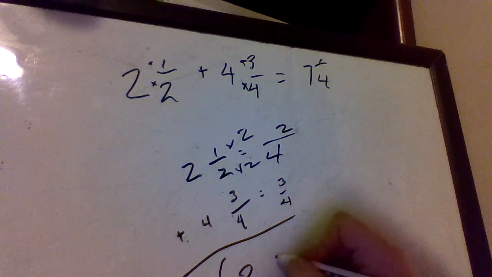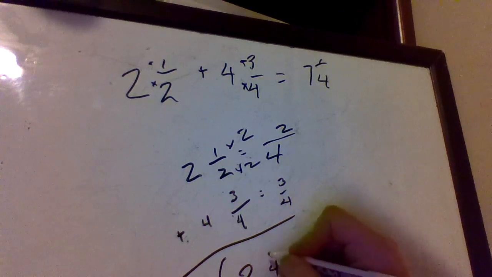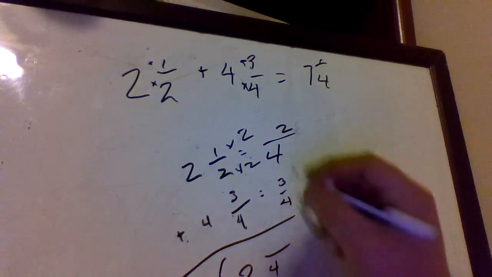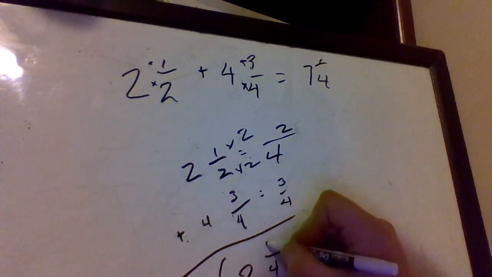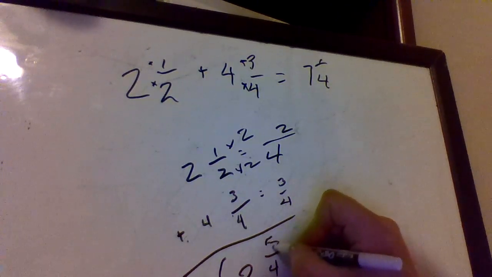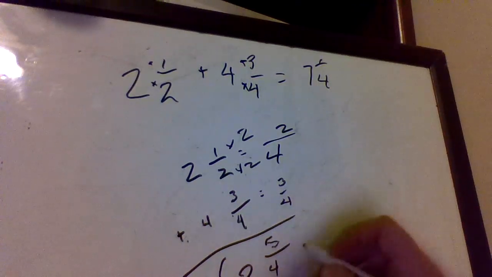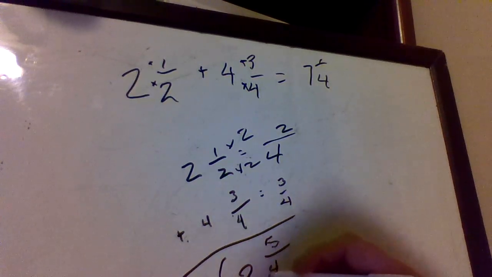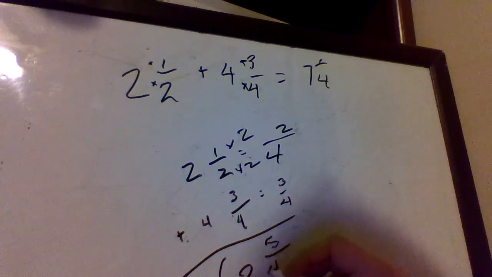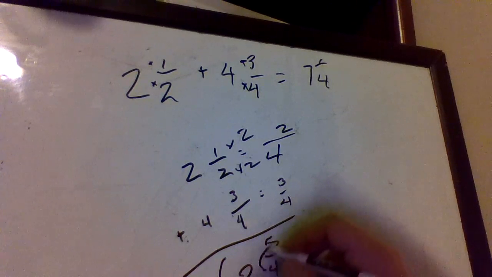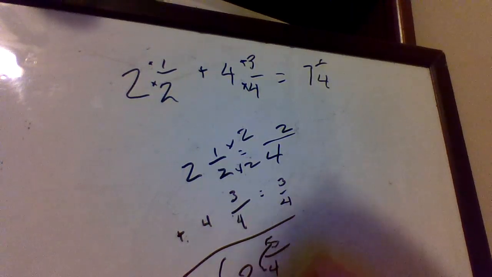We keep the bottom number. We keep the denominator. And we add the numerators. 2 plus 3 is 5. So we've got 6 5/4, and 5/4 is an improper fraction. So we say, how many times does 4 go into 5? Once. And we have 1 left over, so 1/4.